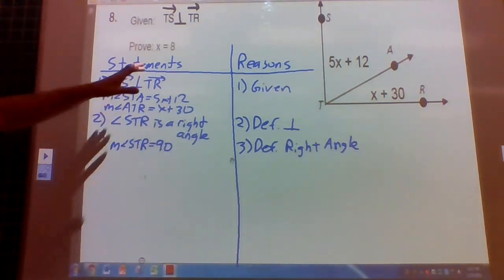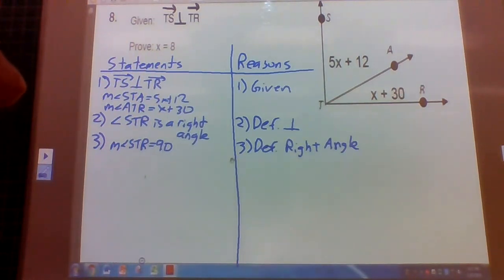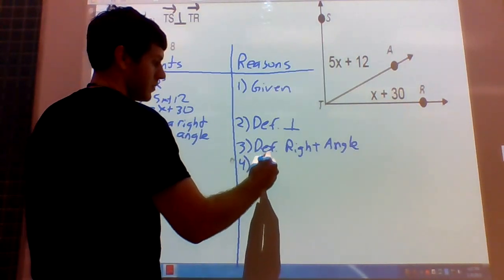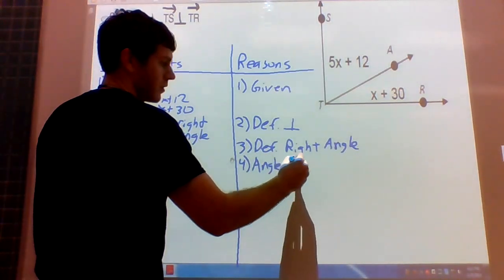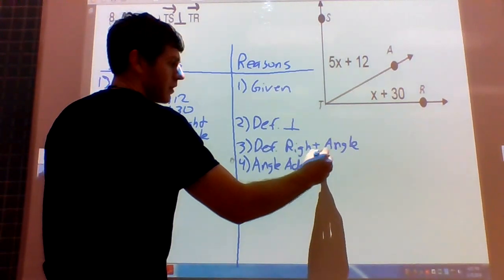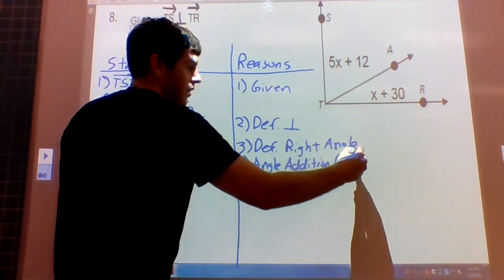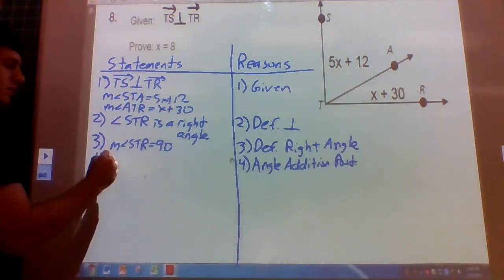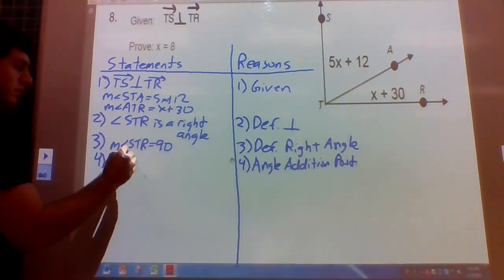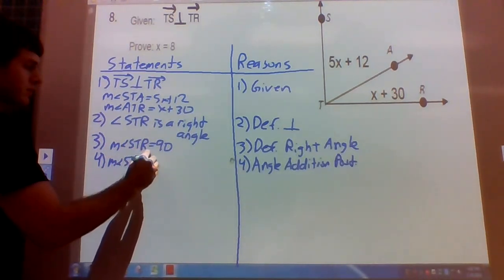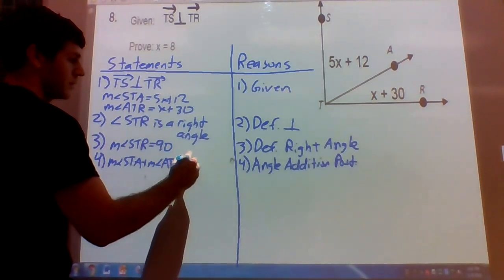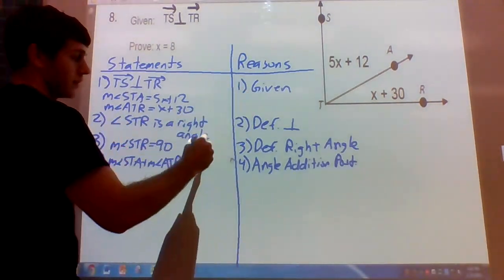Okay, we're trying to solve for x, so we need an equation. To get an equation with angles, we need to use the angle addition postulate. The angle addition postulate is going to tell us the measure of angle STA plus the measure of angle ATR equals the measure of angle STR.